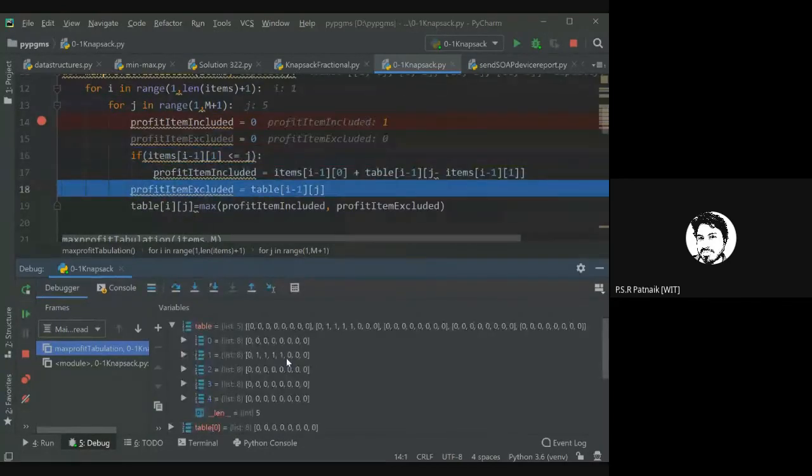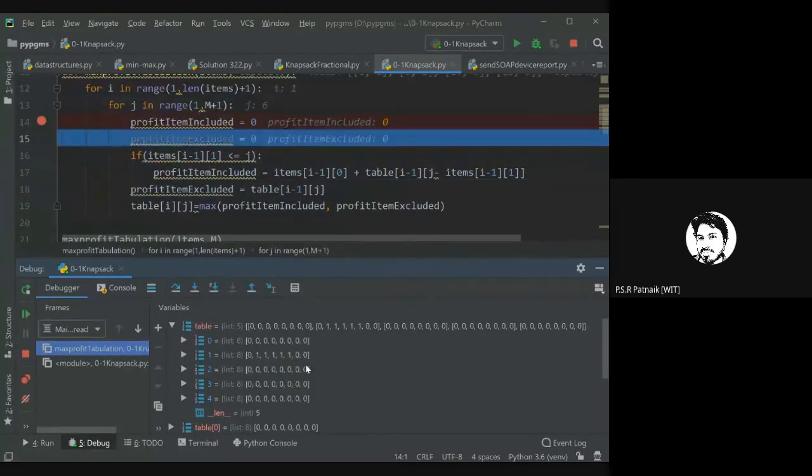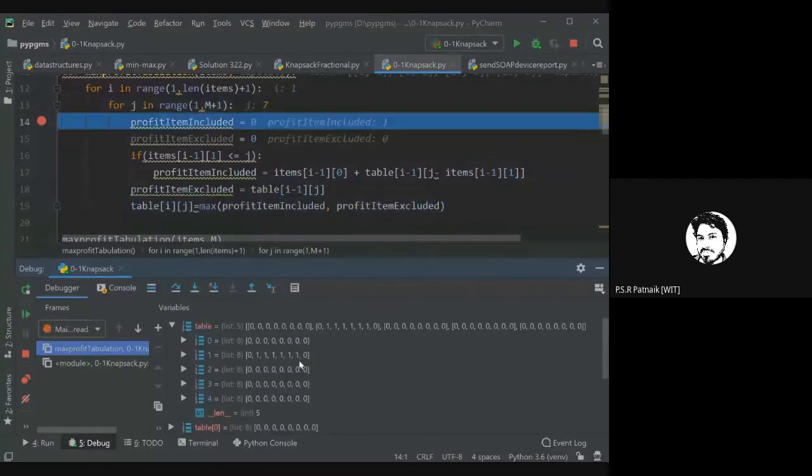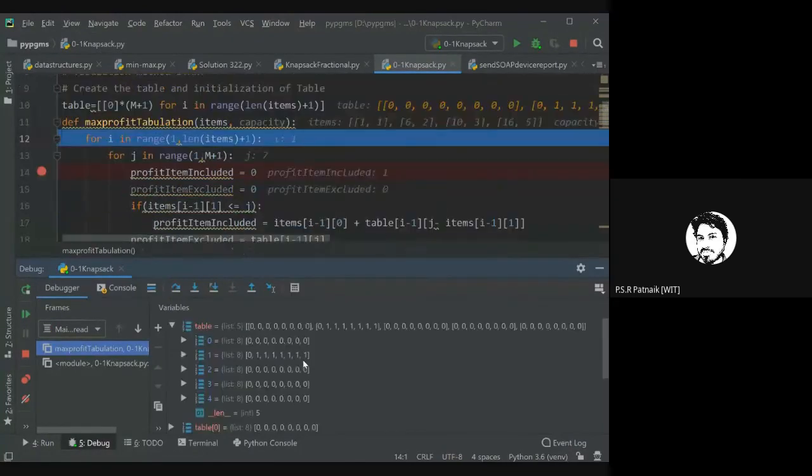Okay, so now you can see the tables are working. It is 1, 1, 1, 1.